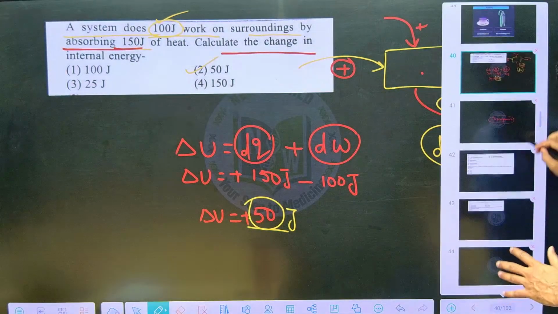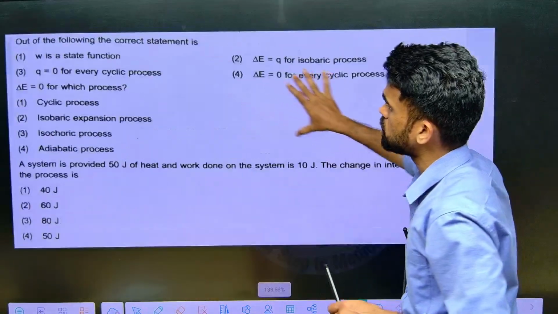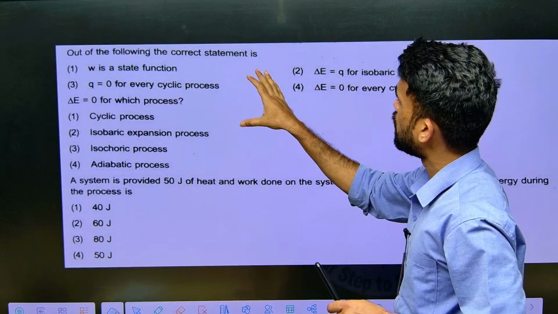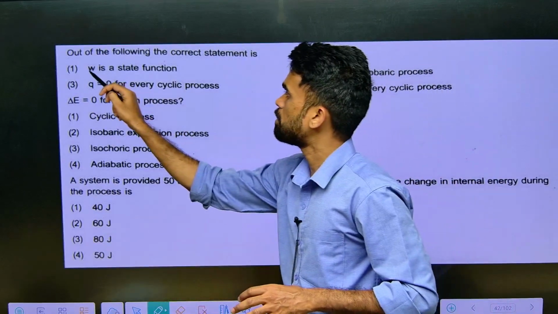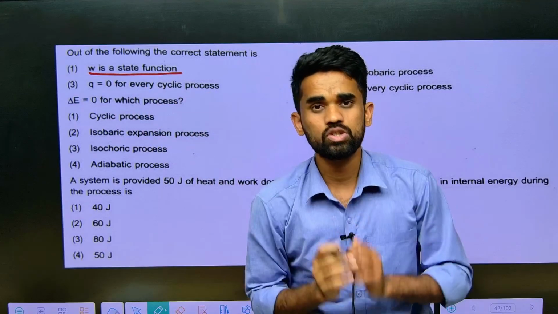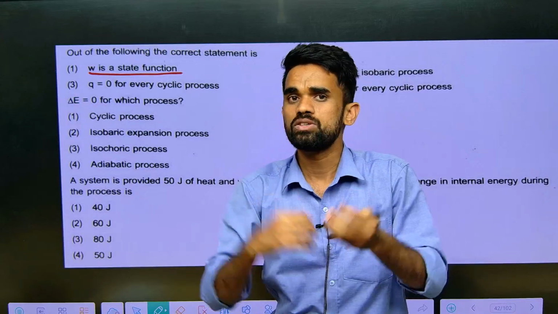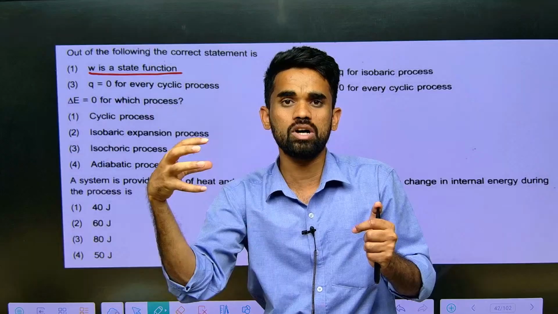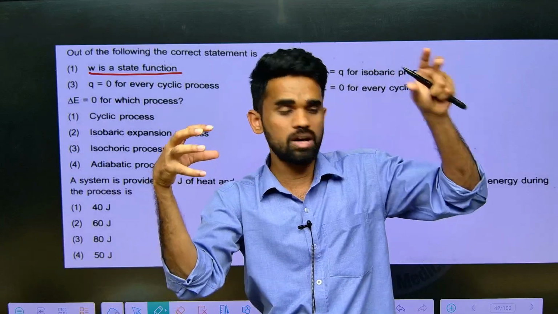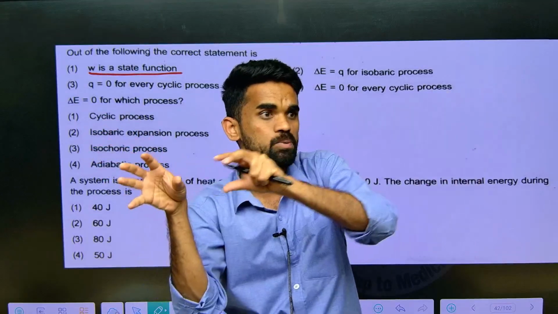Yeah, few more questions here. Now look at this question. Out of the following, the correct statement is, see, they have mentioned something like W is a state function. Yeah, so there are something called state functions and path functions. Path function means that particular term depends on how the final result is coming from the initial, means how this process is taking place.